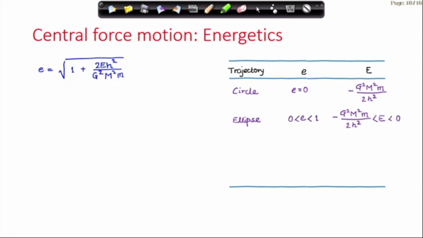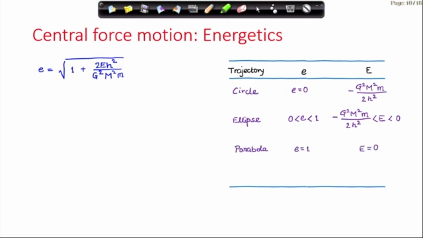In the case of an ellipse, the eccentricity lowercase e lies between 0 and 1, and therefore energy lies between a negative quantity and 0; it is less than 0, therefore energy is negative. You should notice one thing: for a circular and elliptic path energy is negative, and also remember that circular and elliptic paths are bounded paths.